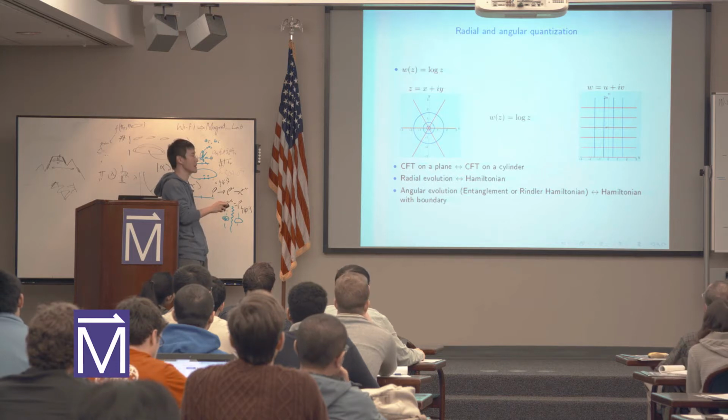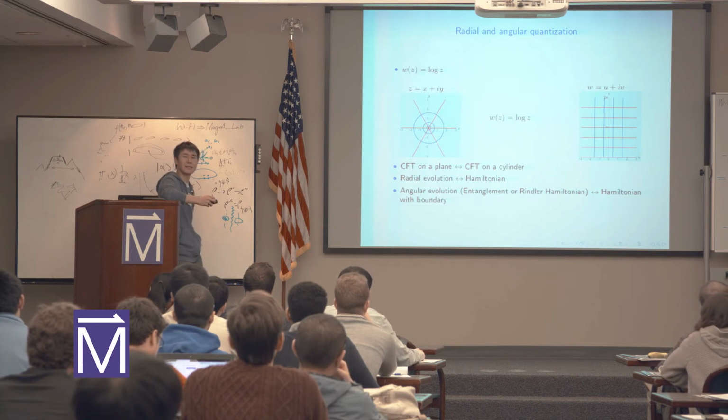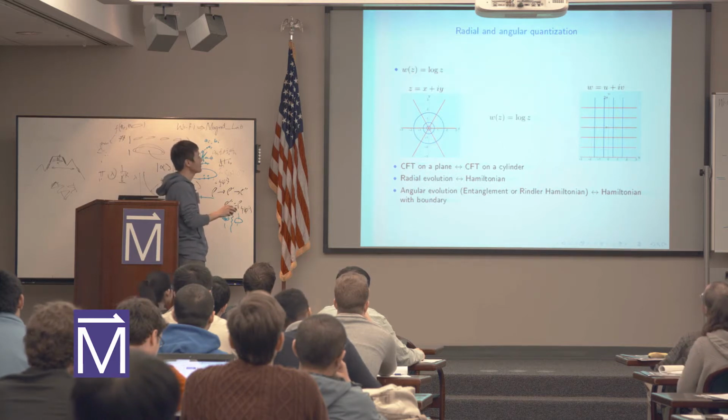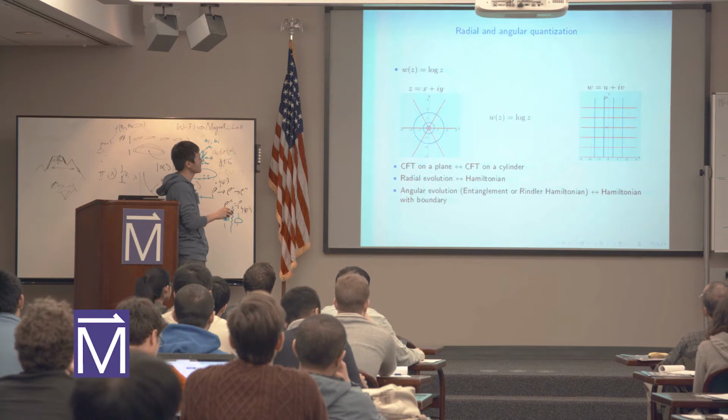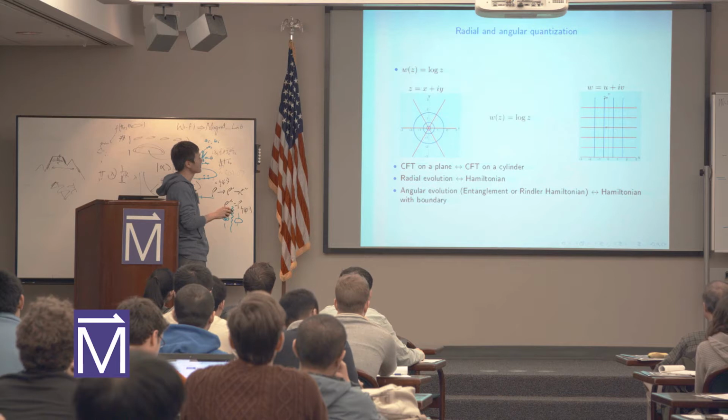In fluid mechanics language, this should be viewed as a streamline and the potential line. If this is a flow circulating around the vortex, these are the potential lines, which are perpendicular to the flow lines.